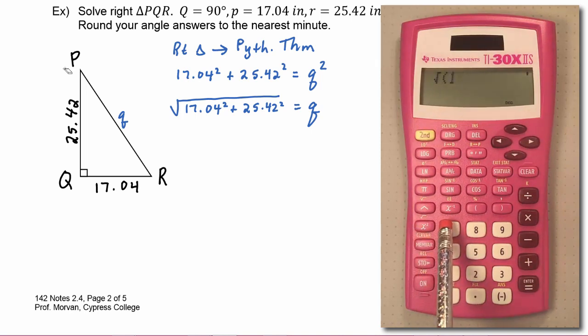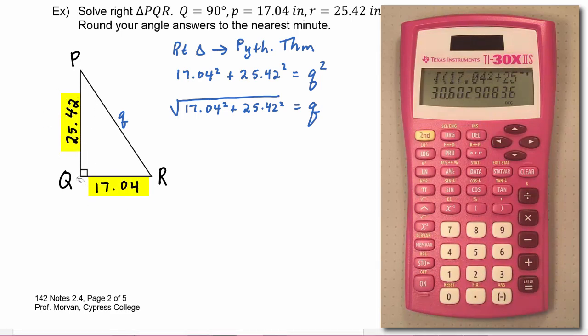Enter 17.04 squared plus 25.42 squared. Close your parenthesis, then hit the enter button. And we can see that the sides that are given have 4 significant digits, so we're going to be rounding our answer to the hundredths place.